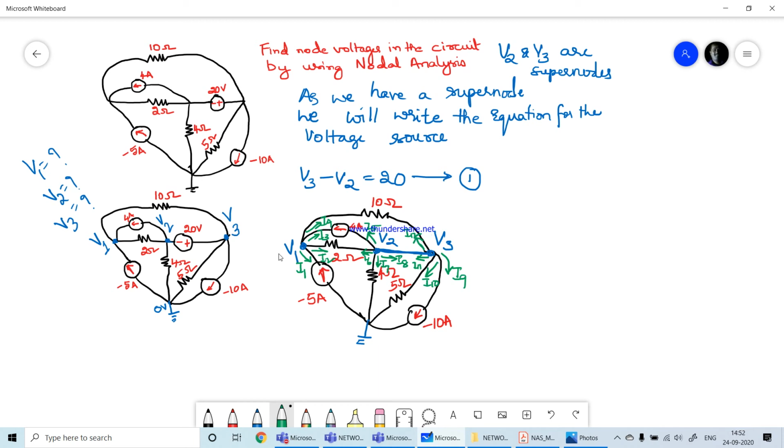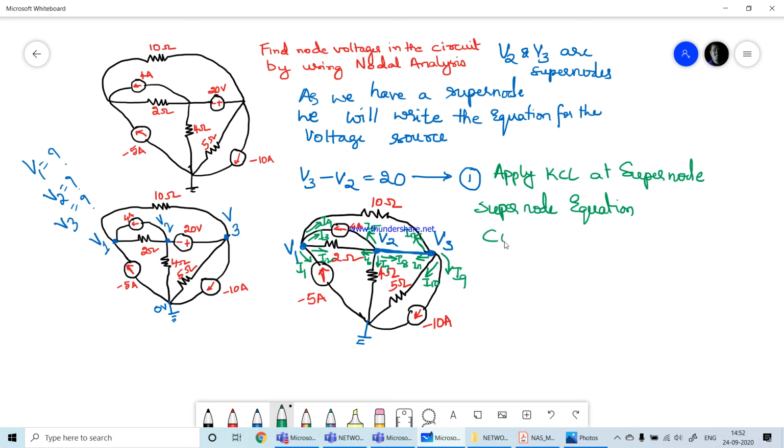Okay. Now if I want to write the super node equation, I'll apply KCL at the super node. So what we do here, when I apply KCL at the super node, I will see that the current leaving at V2 and the current leaving at V3 are being added together.